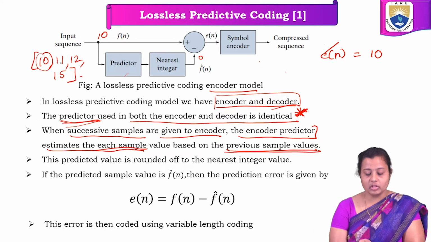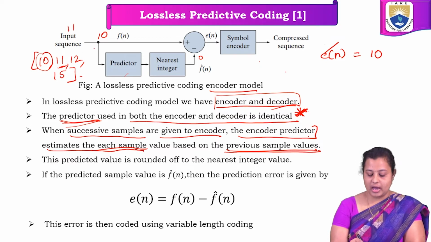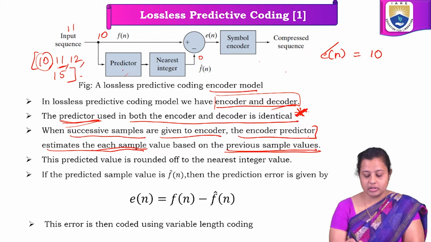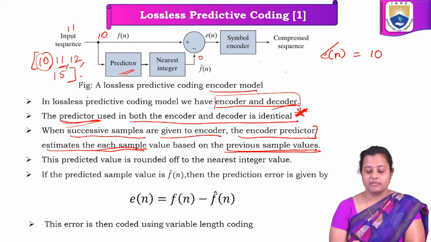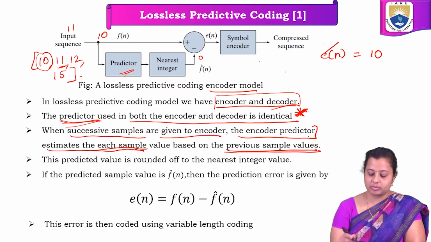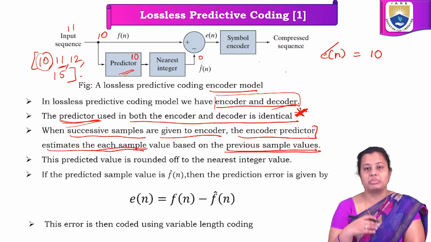Now, next we are going for 11. Okay, so the next sequence is 11. Based on the previous value, we are going to predict what is the value of this pixel. So the predictor can predict, say suppose, 10. Previously we had 10, so it is predicting the value of this pixel will also be 10.